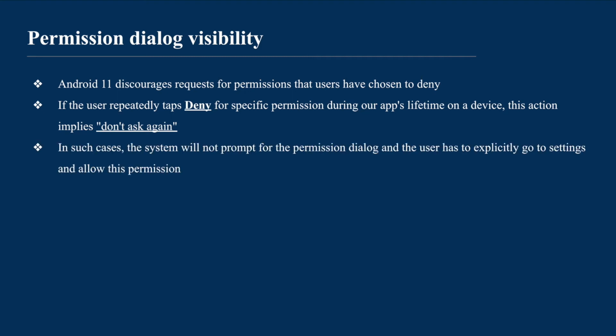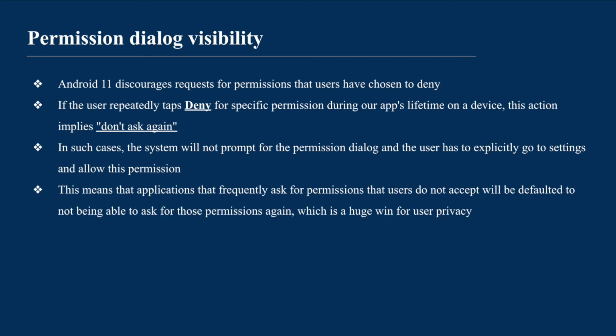In such cases, the system will not prompt the permission dialog and the user has to explicitly go to the settings and allow this permission. This means that an application that frequently asks for permissions that users do not accept will be defaulted to not being able to ask for those permissions again, which is a huge win for the user's privacy. So we now know what has changed, right?